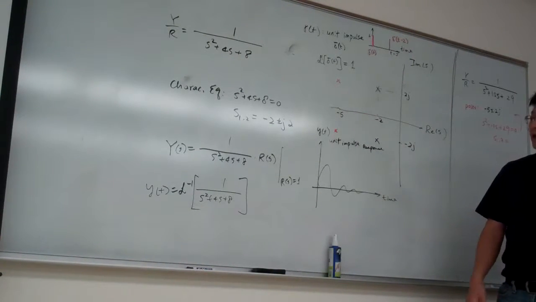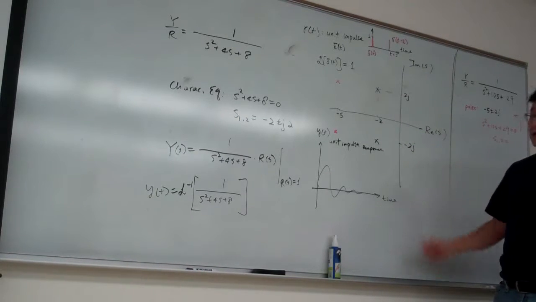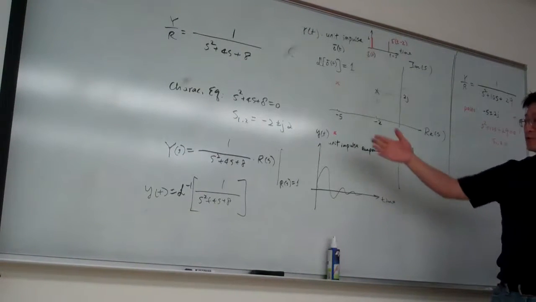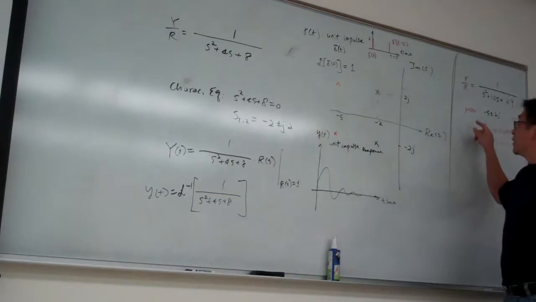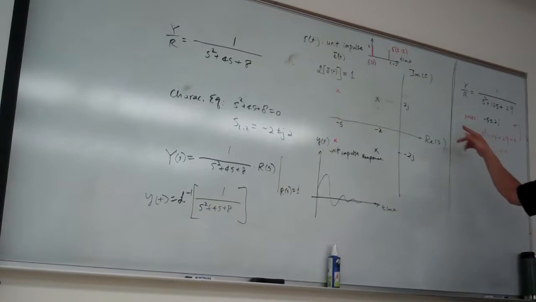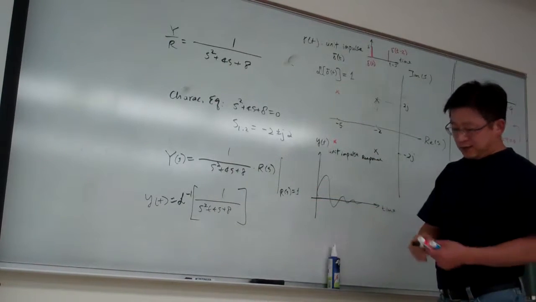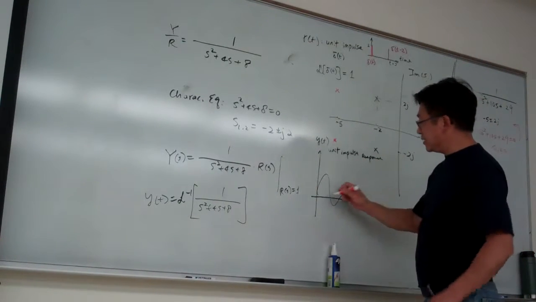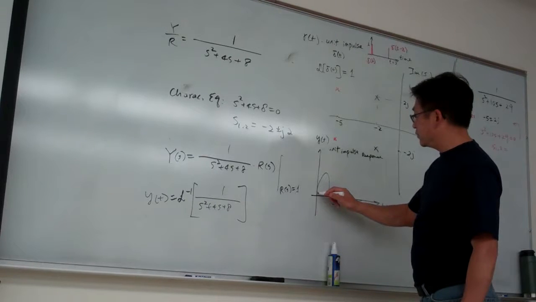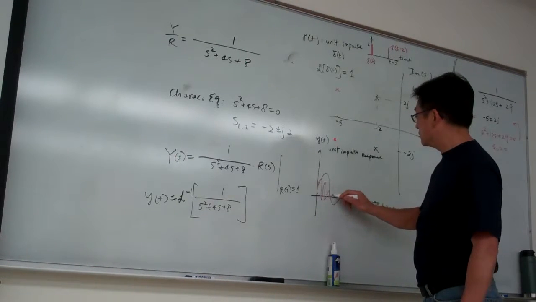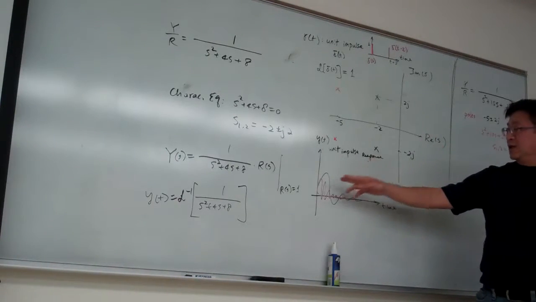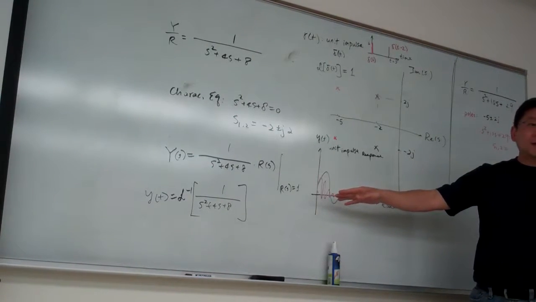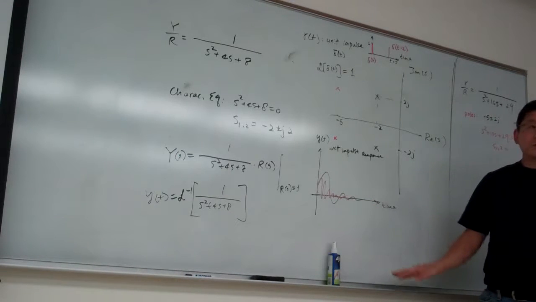For this system, you can repeat the calculation to get the unit impulse response, and then draw the response, which will be pretty much like this. For this kind of system, it will oscillate quicker and it might decay quicker.